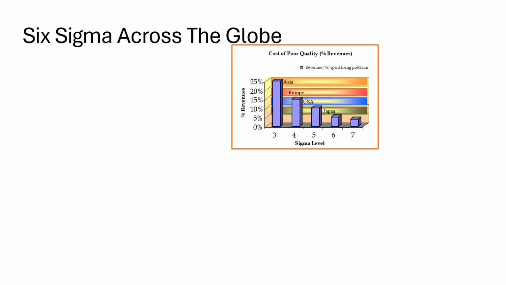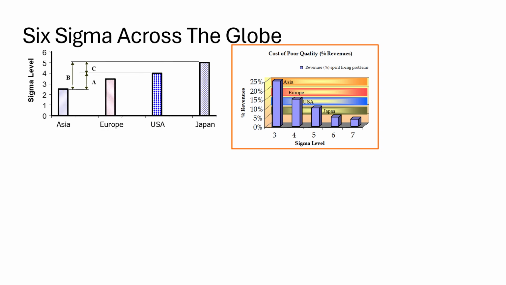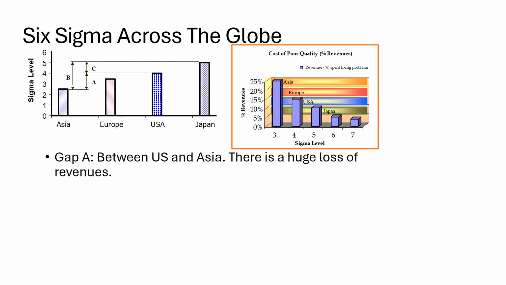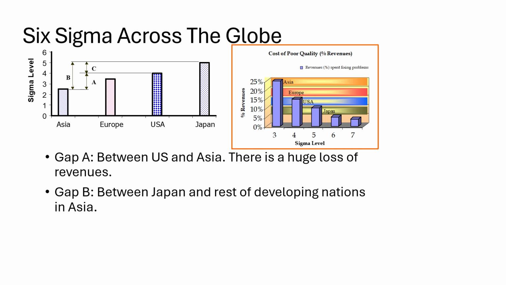Six Sigma across the globe. So we're looking at the Sigma level and Six Sigma across the globe. Asia, about 2.5 Sigma levels.